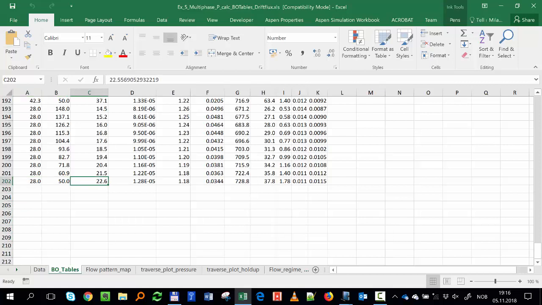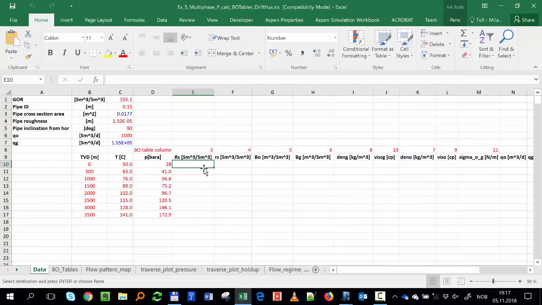So the first RS is 22.55. We can copy all of that line and paste it here. Let's try like that first. The last line we copy and paste because it's exactly the numbers that I have.